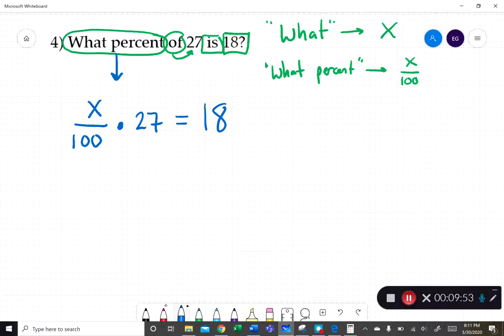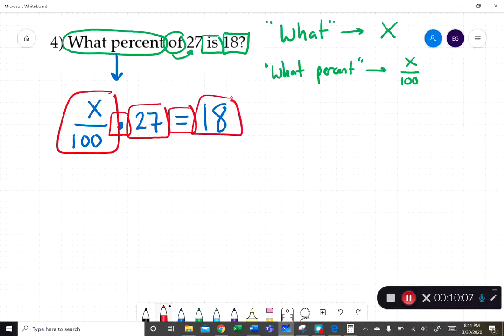All right, so we have what percent of 27 is 18. Okay, so x over 100 times 27 equals 18.